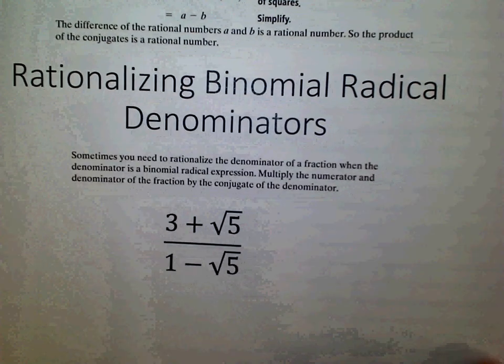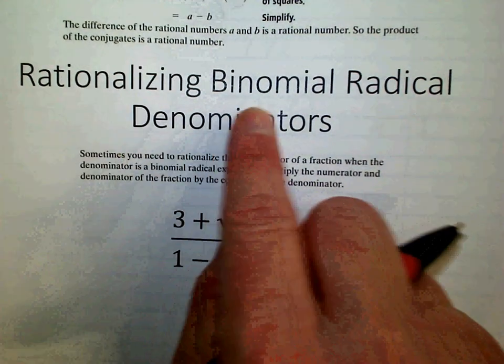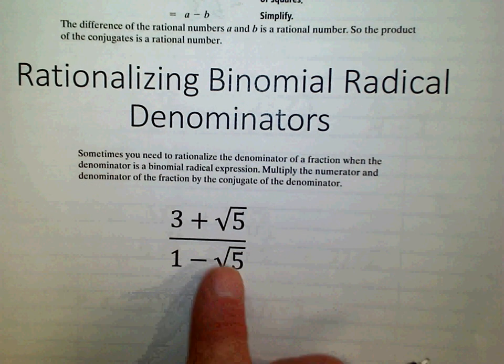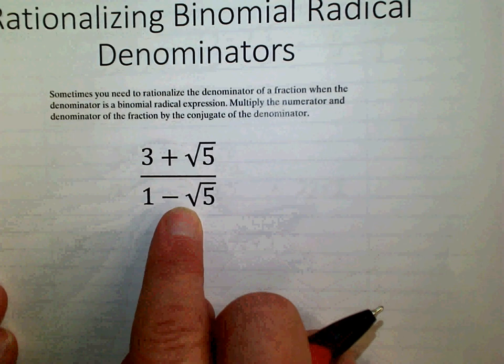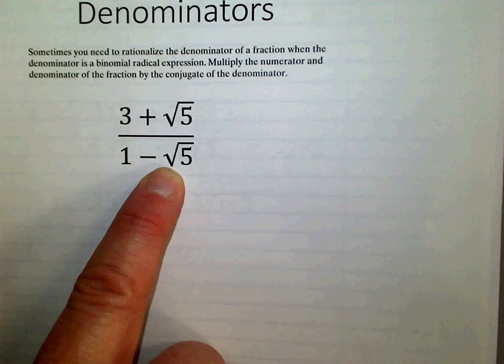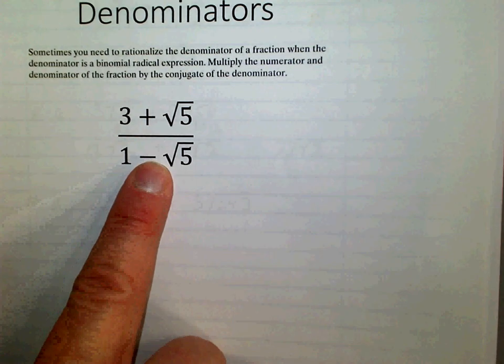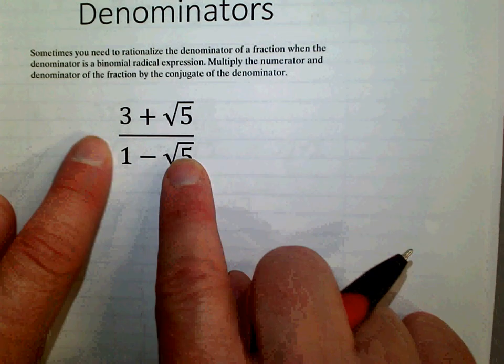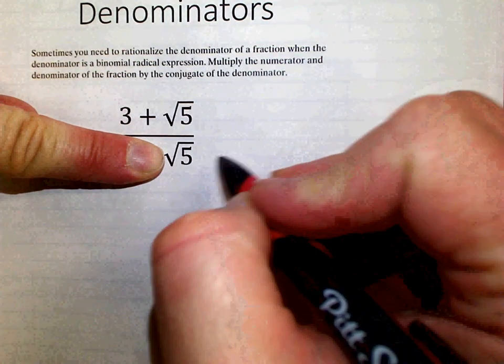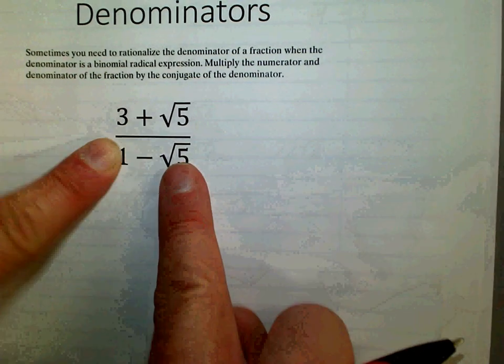And the last thing is rationalizing binomial radical denominators. So in a situation like this, there is a radical sign in that denominator, isn't there? We can't have a radical sign in a denominator. So it's not just square root of 5, so I can't just take this thing times the square root of 5. It is a binomial expression.